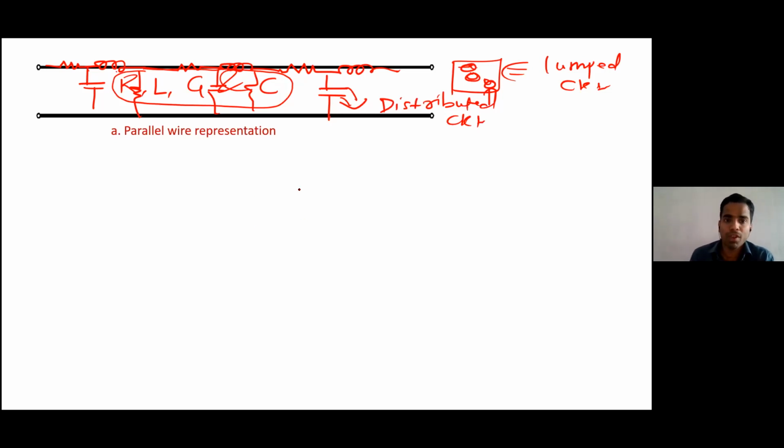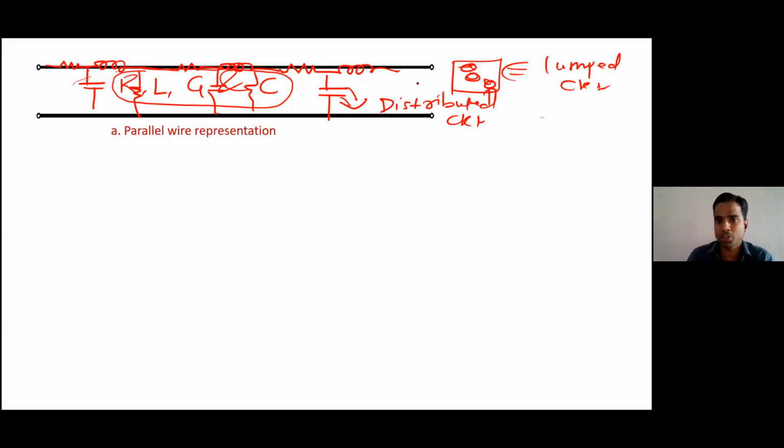But then how do we analyze them? If they are all distributed, we can do circuit analysis only if we have a defined circuit. We should know where is the inductor, where is the capacitor, where is the resistor. So when can we do circuit analysis?